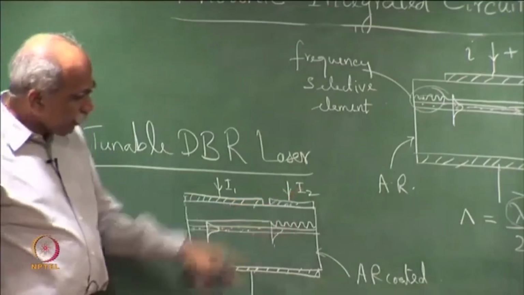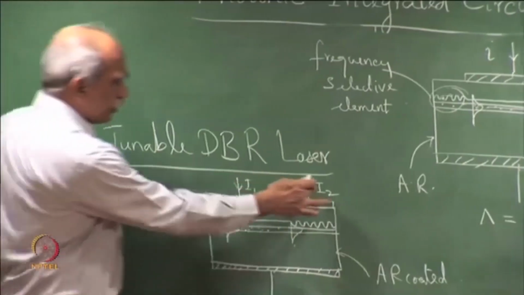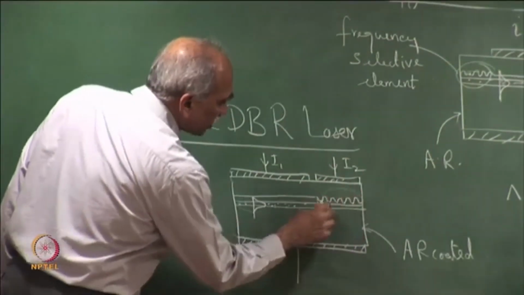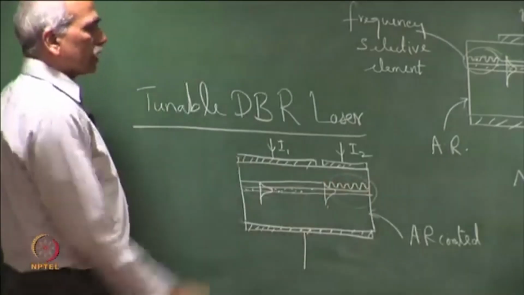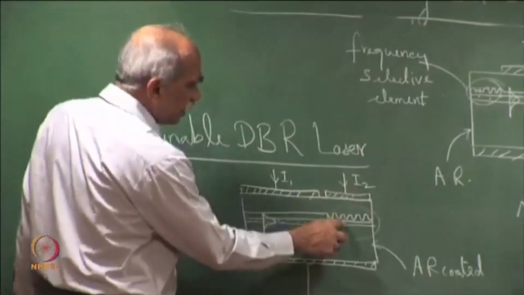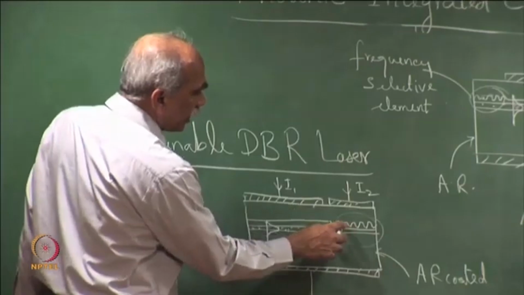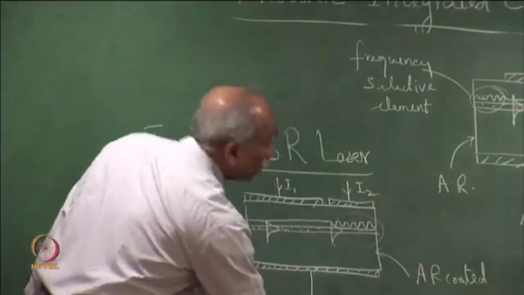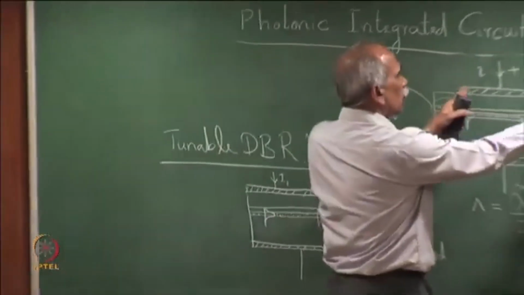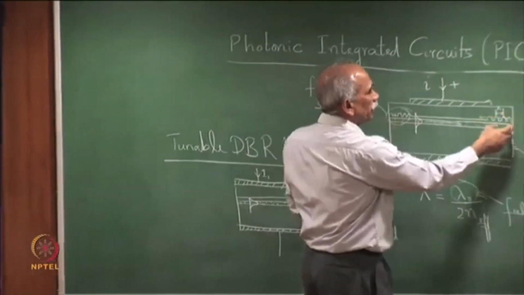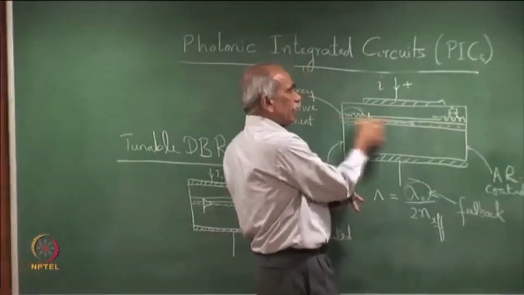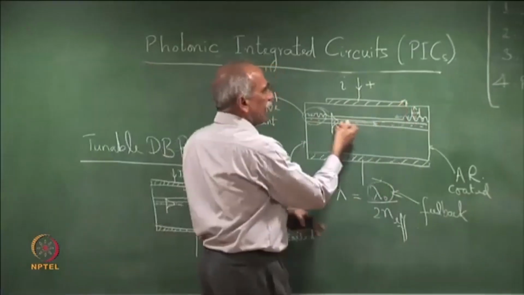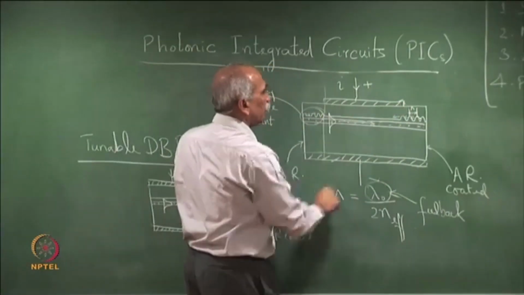the current I 2 here is primarily to control the selected frequency, because a current injection leads to a variation in the refractive index. As we have already seen, in the earlier case the current was not flowing through the periodic grating element in the ends, current was flowing only through the active region, that is, gain is provided only here.